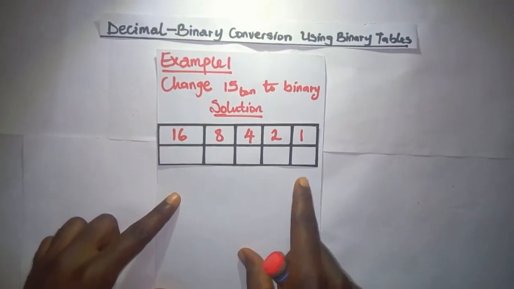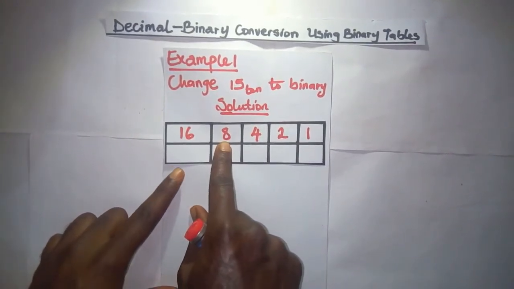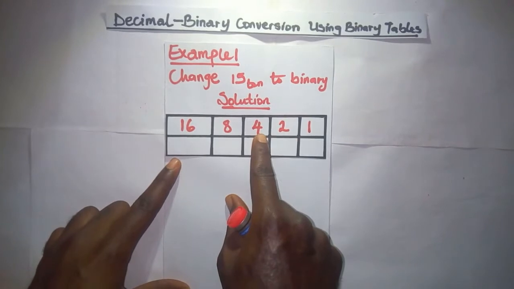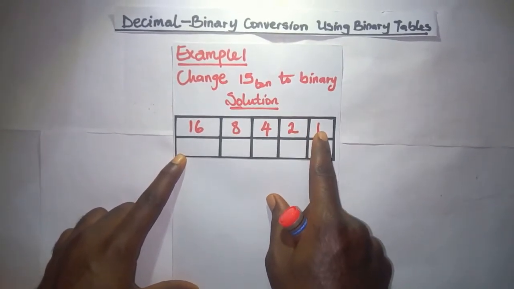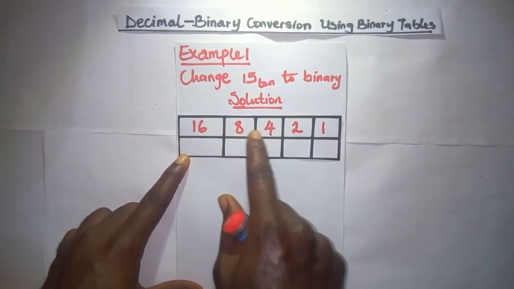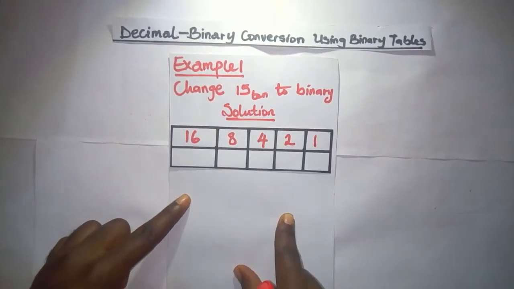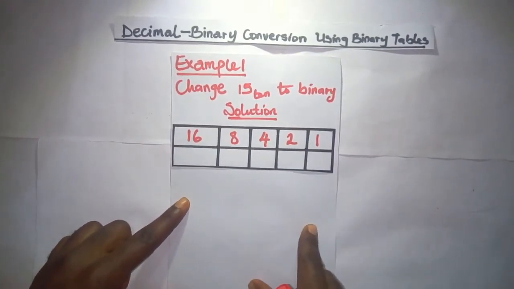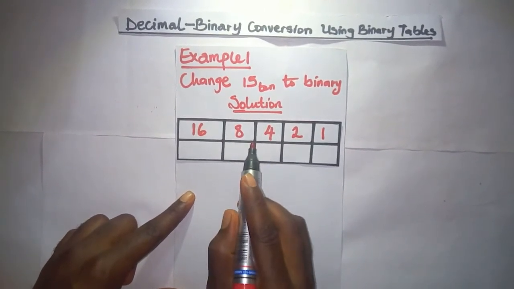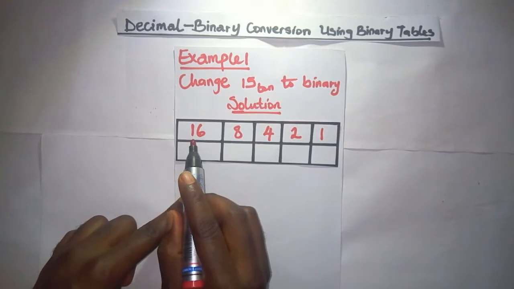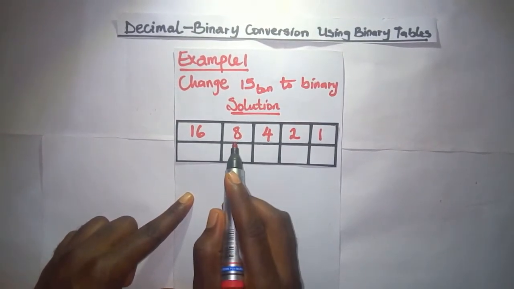If you look at this closely, you would see that when you add 8 plus 4 plus 2 plus 1, all of this from 8, 4, 2, 1 will give us 15. Now for us to avoid making mistakes, we are going to look at these numbers here. Obviously we are not going to use 16 because 16 is bigger than 15, but we can use 8.